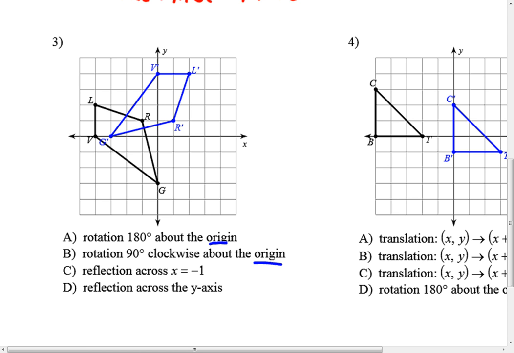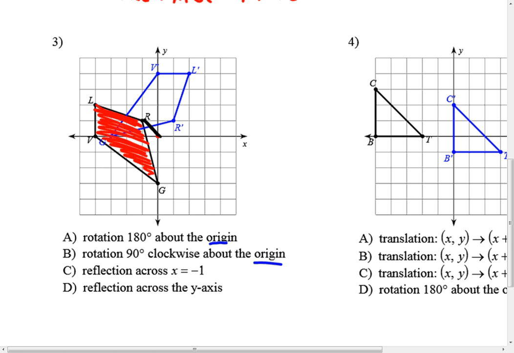So let's put a dot right in the middle. Think of this first shape, the one without the tick marks, the one without the primes, as a flag. We are going to rotate that flag. So it needs a handle. I'm going to connect the handle to my center turning point. So imagine that that's the handle, and I'm going to turn it.